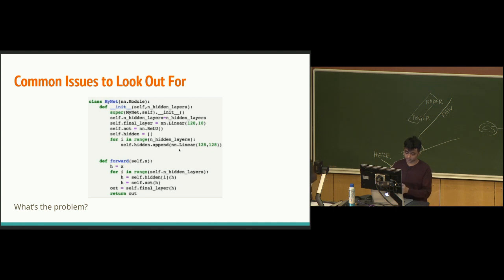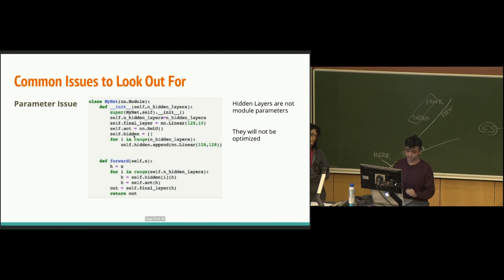But here, that would not happen, because self.hidden is just a normal Python list. So if you actually optimize this neural network, if you call optimizer.step, the optimizer would not know that the parameters of each individual linear layer are actually parameters of the bigger neural network also, and those parameters would not be updated.